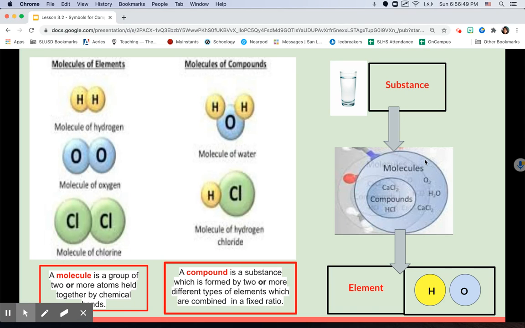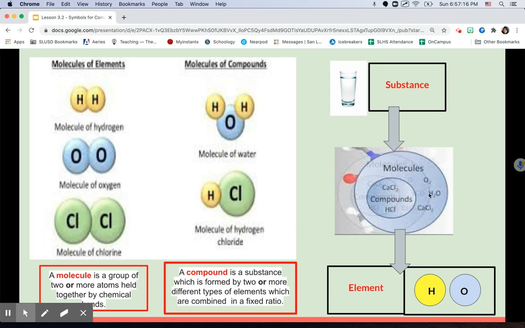So the two definitions are very similar. All compounds are considered molecules, right? So know that compounds fit within the definition of a molecule, but not all molecules are considered compounds, right? They're only considered compounds if it's two or more different elements.